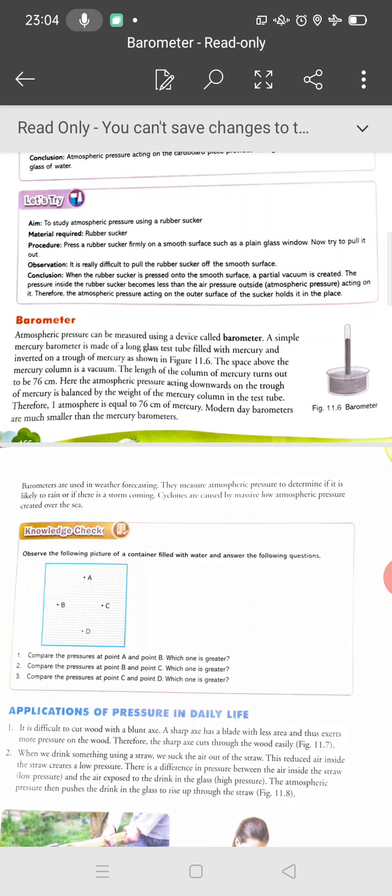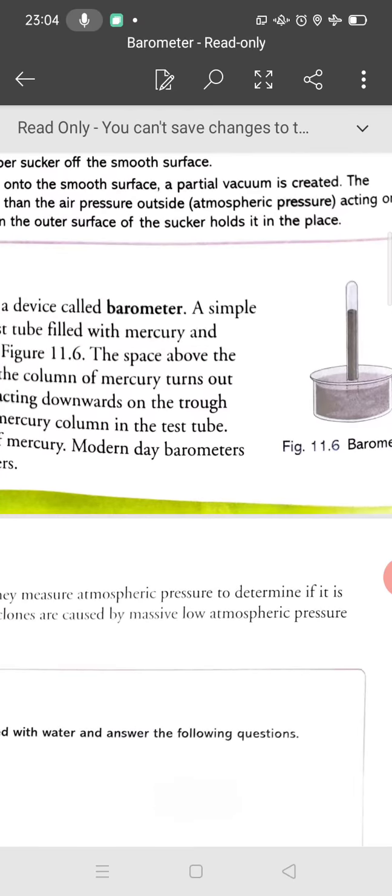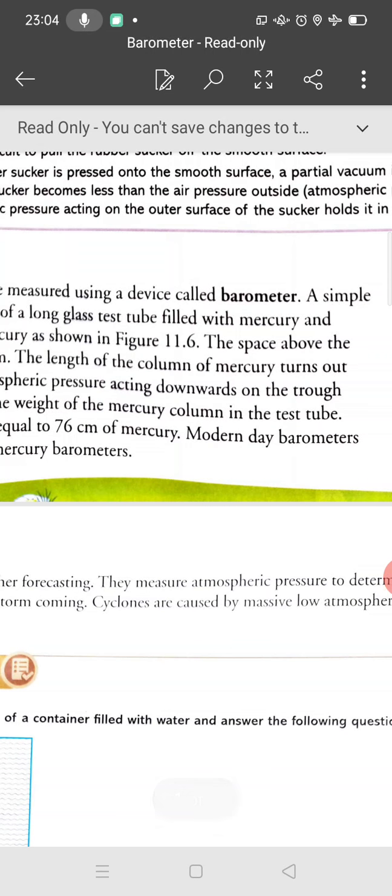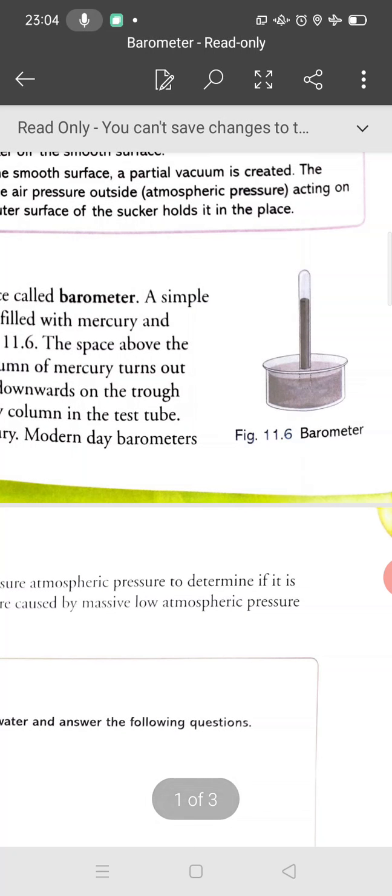So students, you can see it is a simple mercury barometer. It is made up of a long glass tube, a long glass test tube filled with mercury.